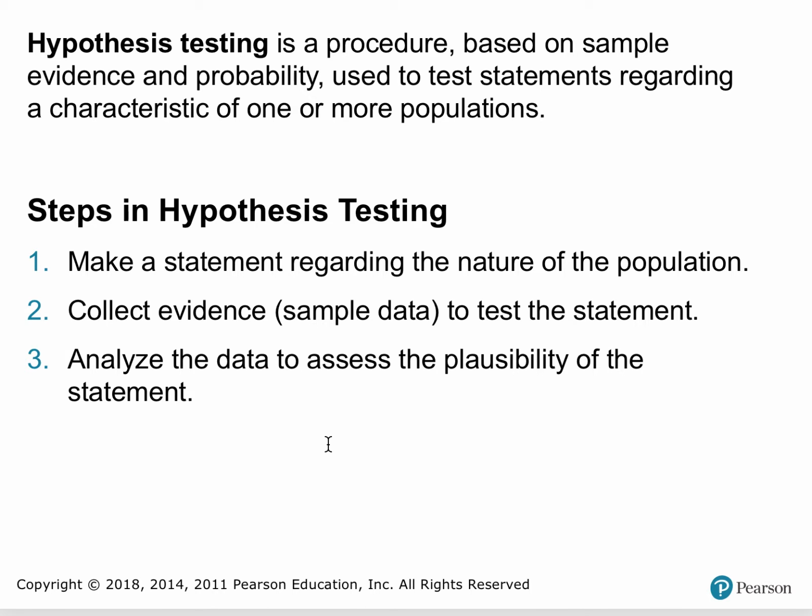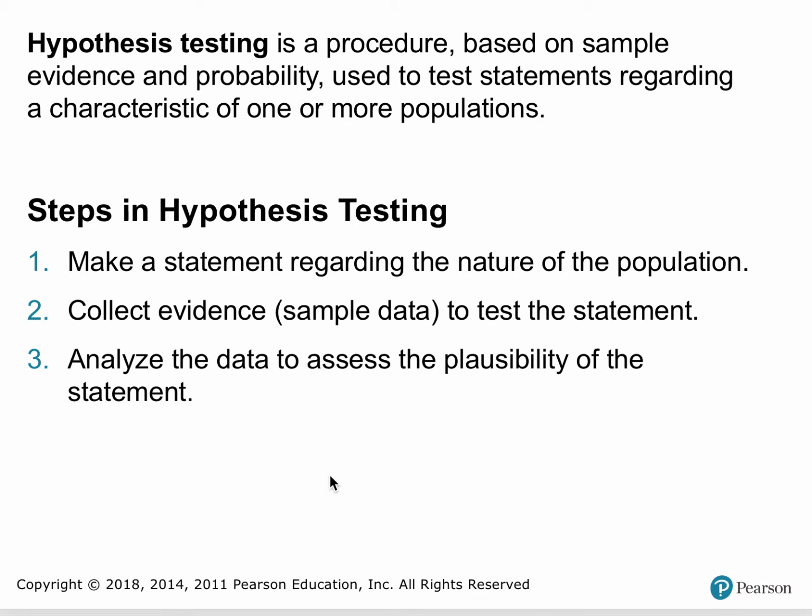Okay, so we're going to test these types of statements using sample data because it's usually impossible or impractical, too expensive, to gain access to the entire population. So the procedure we use to test such statements is called hypothesis testing. Okay? Remember, if population data are available, there's no need to do any inferential statistics.